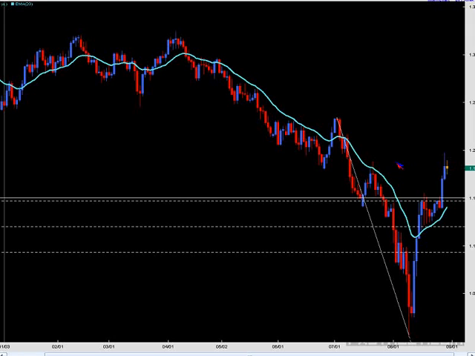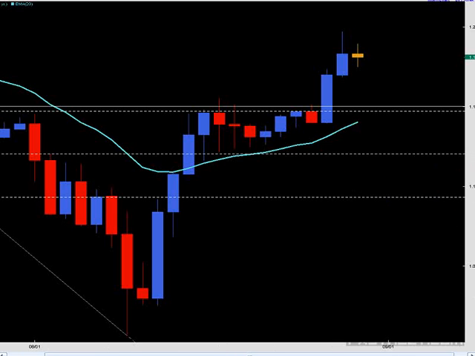Everything was communicating to me, there were some subtle hints that this was going to be the one where it broke out. There were about 3 hints. One was, we had 7 candles that were just going nowhere except making higher lows. That told me that the buyers were still subtly in control and slowly squeezing out the sellers.